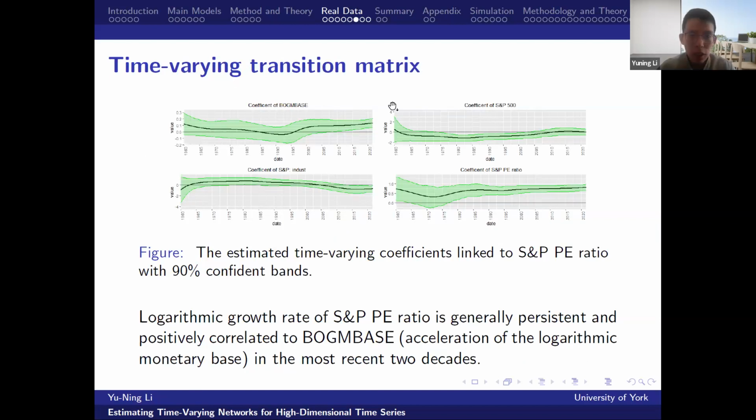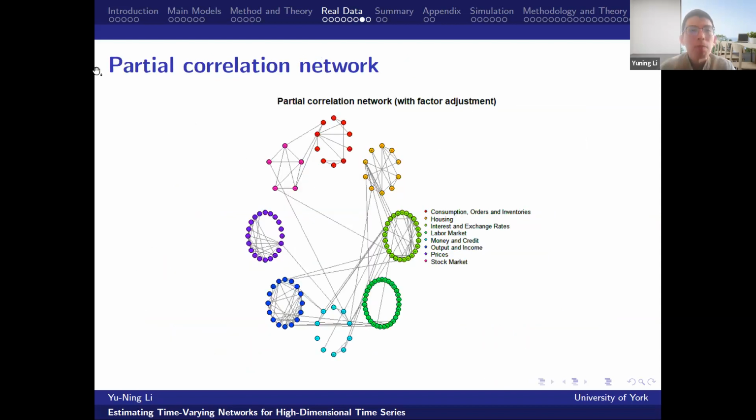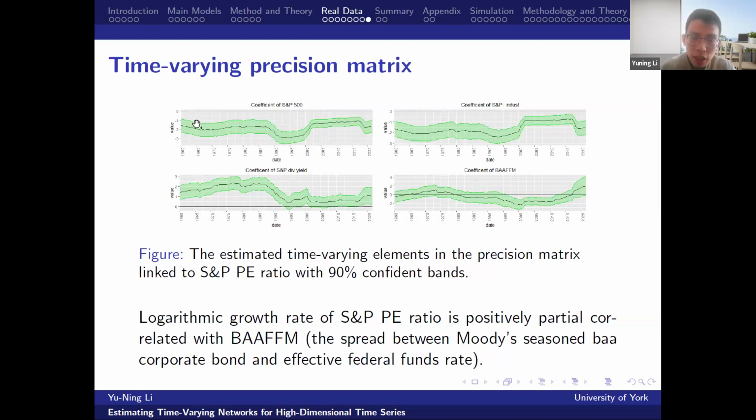Then in this figure, there is some time-varying pattern in these parameters, and I'm not going to show the details. Here I show the partial correlation network we estimated from the data set, and again we can look into some parameters and how they change over time.